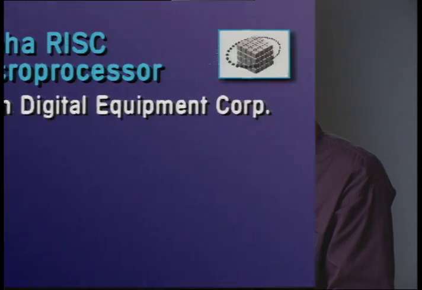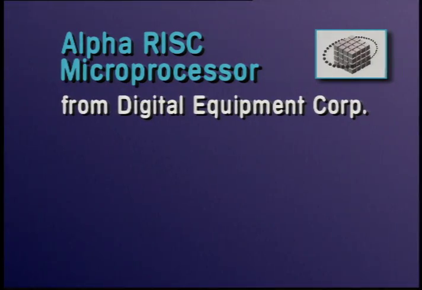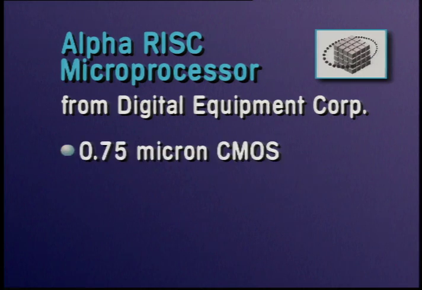We present only a short list of some of the more important characteristics of this device, but would refer you to the other videos in the UVC series featuring lectures by Digital Equipment Corporation engineers. These tapes cover Alpha architecture and implementation in detail. The DEC chip 21064 represents a 0.75 micron CMOS implementation of a full 64-bit reduced instruction set computer.